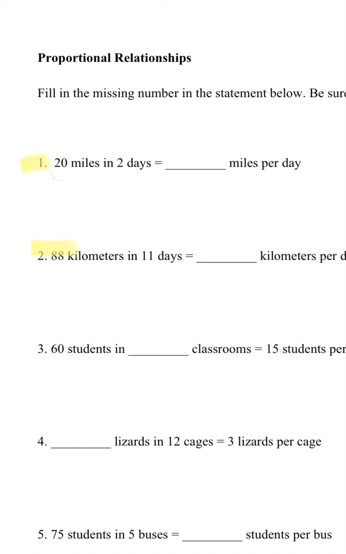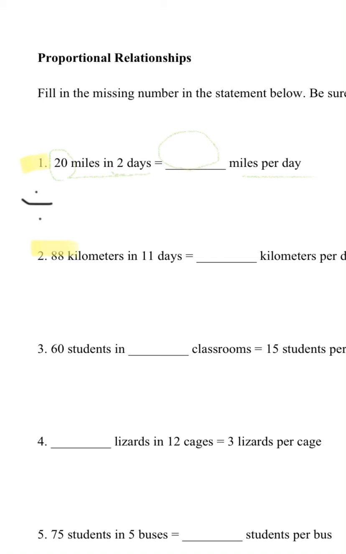So it says 20 miles. So we're going 20 miles in 2 days. So how many miles do you go per day? Okay, how do we figure that out? What do we have to use? We have to use division, right? So what do we divide what by what?